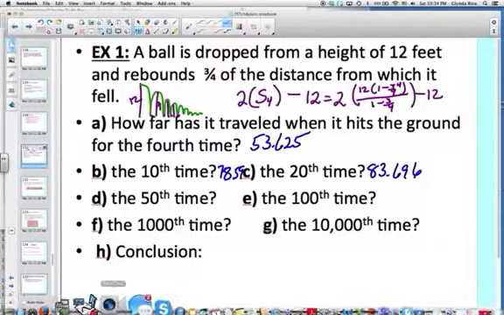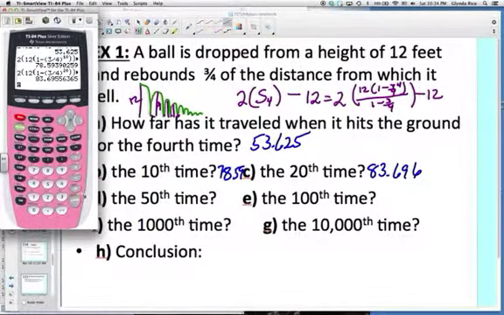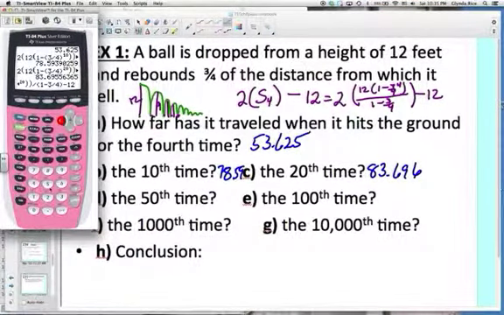It's a little redundant, but let's get the 50th time. 83.9999.